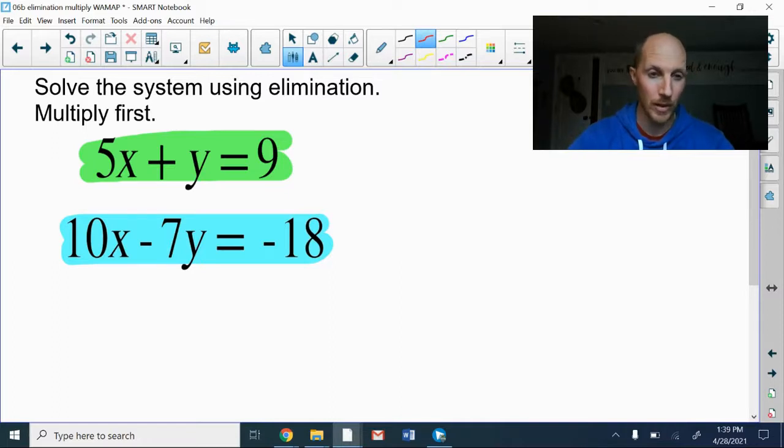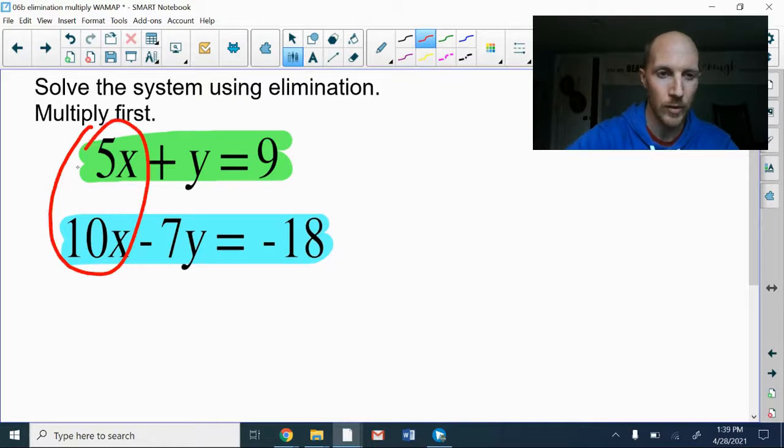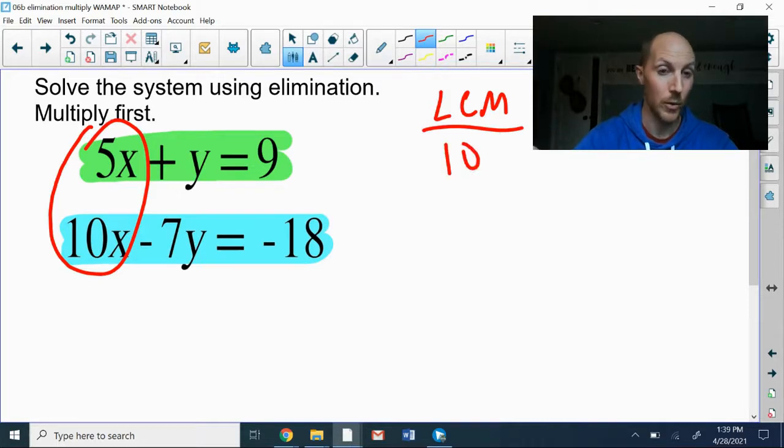Let's see, maybe we can figure out one will be easier than the other. Let's look. If we're going to do x's, least common multiple for 5 and 10, I could go with 10. So the blue equation I won't need to change. The green one will need to be multiplied.